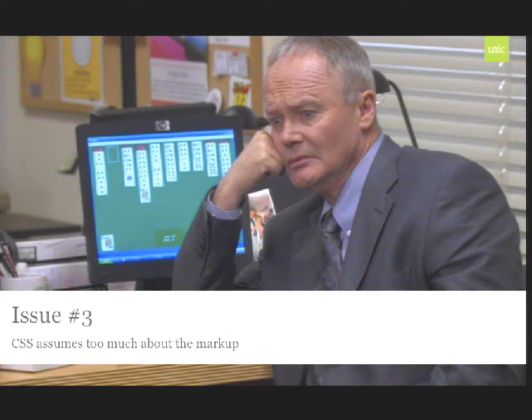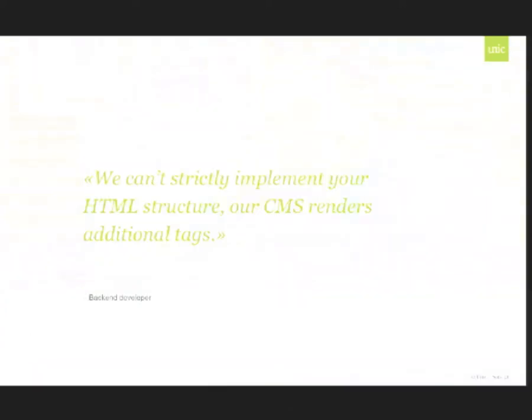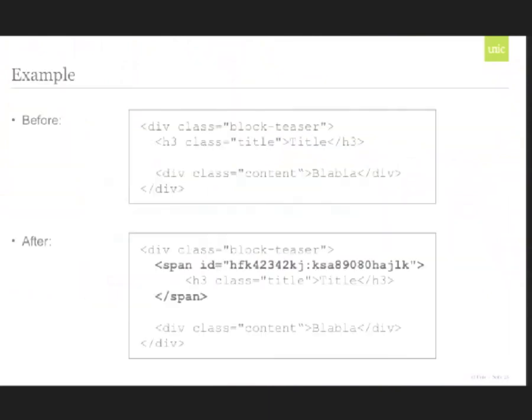Another issue is that the CSS assumes too much about the markup. That's something we often hear when we hand over a prototype to the backend, and it usually looks something like this. The CMS or whatever system, the shop system, inserts extra markup.